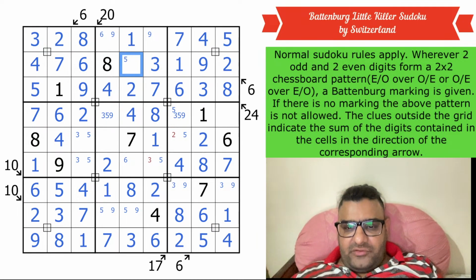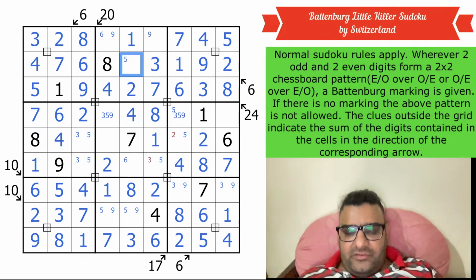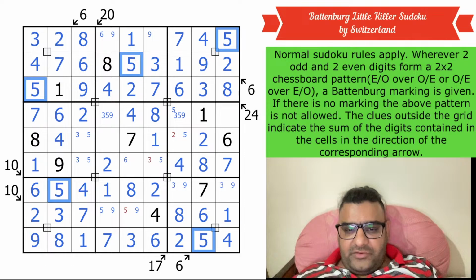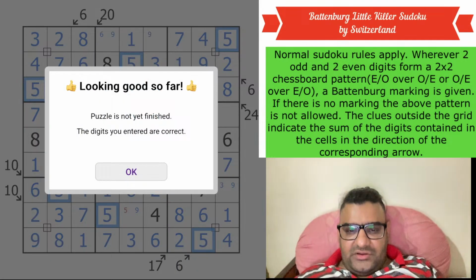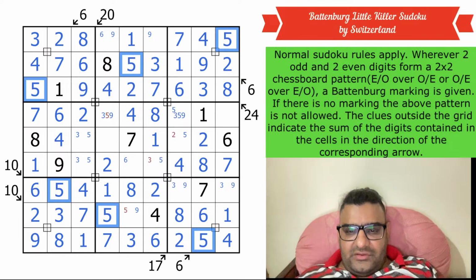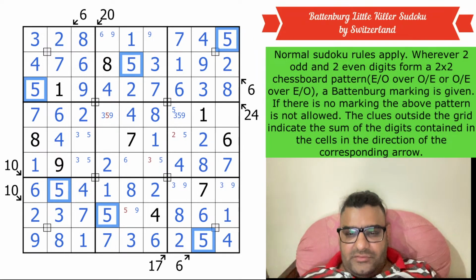Can I check 5 again? Yes. 5 is there. This is going to be 5. If I check, yes. Okay, 5 is there. Let's check again. 5 cannot be here, 5 cannot be here. 5 can be in any of these two.